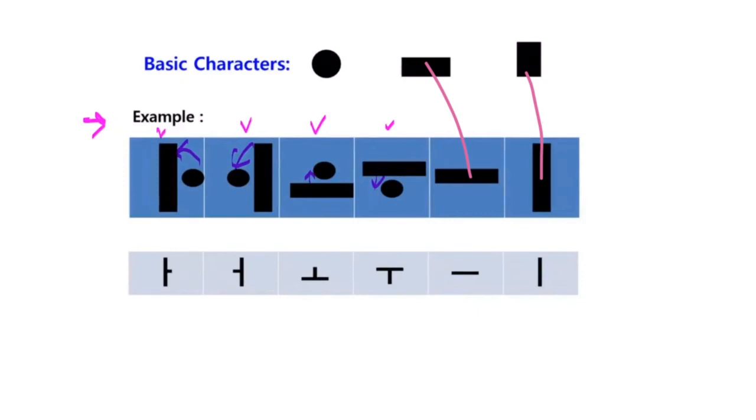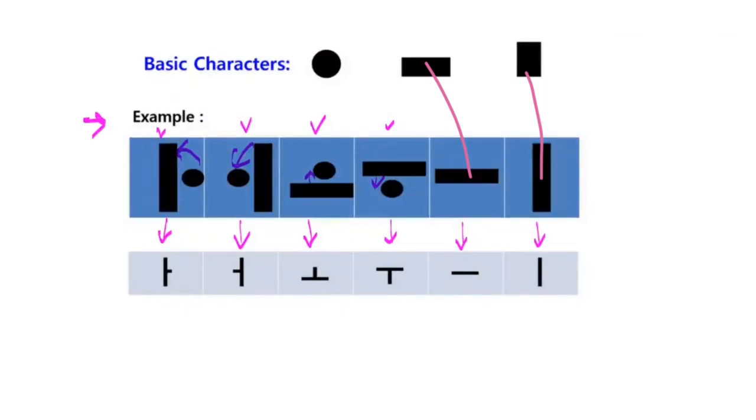Raise your hand, combine basic characters and write it out. Okay, good. And we can read them like this. A, O, O, U, E.